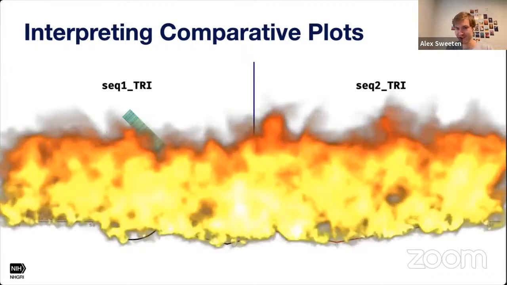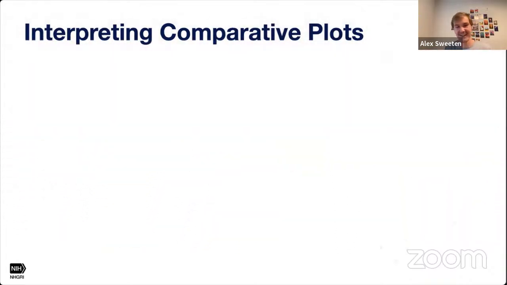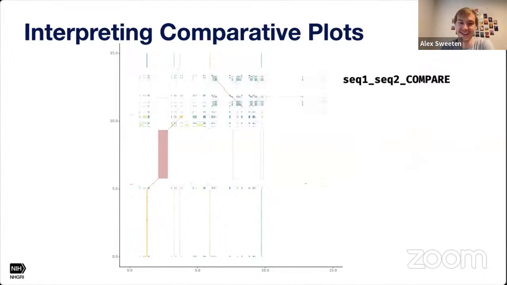However, please do not compare plots like this. You will get fired if you do, literally. So if you want to compare two sequences together, then use the compare feature within ModDotPlot to produce a comparative plot. So this is the same thing, just sequence 1 is on the x-axis and sequence 2 is on the y-axis.